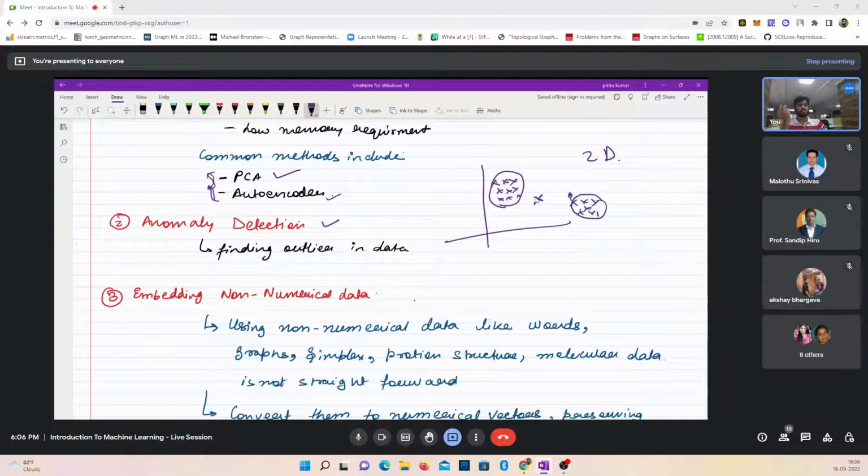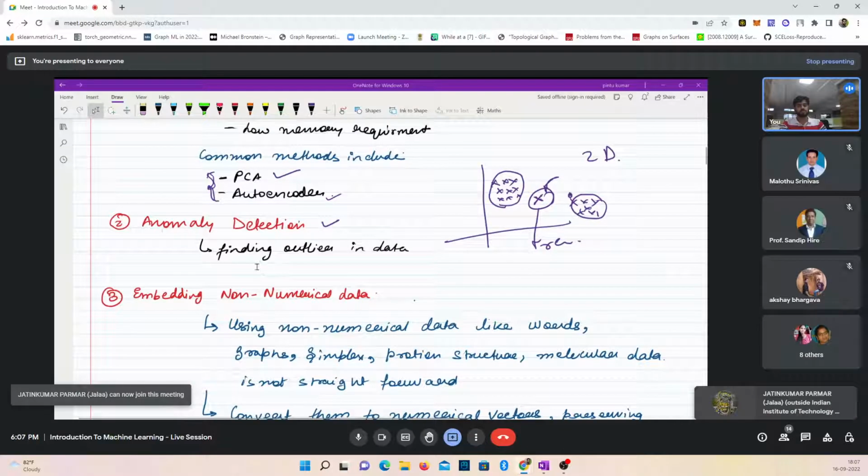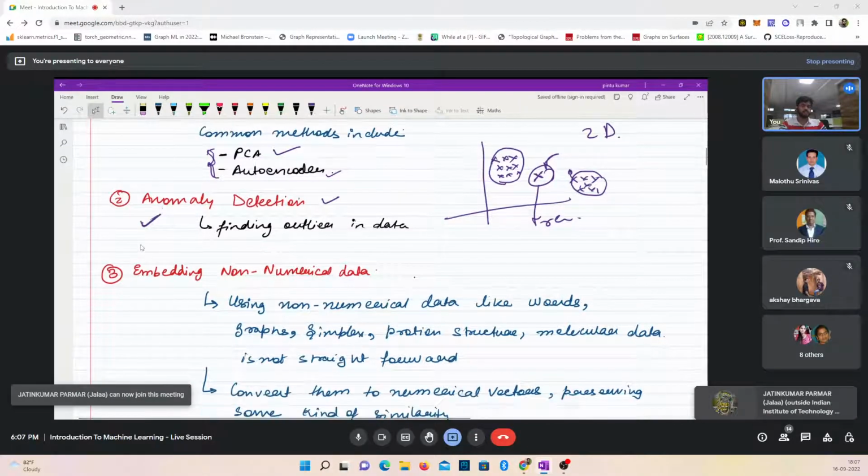But this point is anomalous, or like erroneous data that has come in. So we want to detect this kind of data and remove these outliers from the data. This is the idea behind anomaly detection. This is also an unsupervised learning technique.